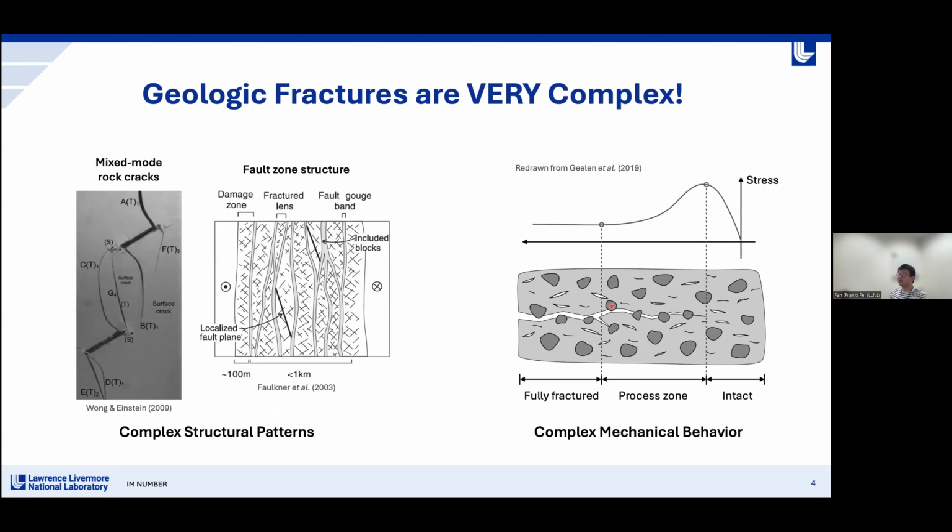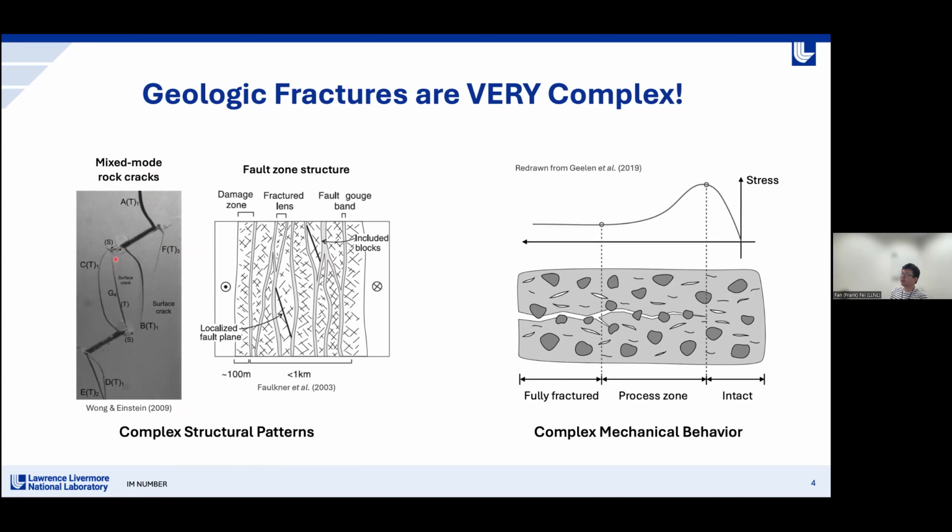But the challenge is, studying geological fractures is never easy work because they involve so many complexities. First, they commonly show complex structural or geometric patterns, like this mixed mode cracking in rocks under compression, where we can see the curved tensile wing cracks and also the coalescence between the shear cracks and the tensile cracks.